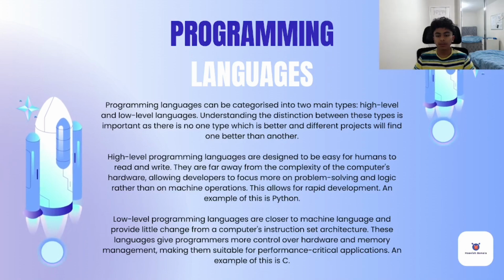High-level programming languages are designed to be easily readable for humans, so they're closer to human language. For example, with Python, even if you don't know how to program, you can get the gist by looking at things. You'll see that when we start programming with Python.